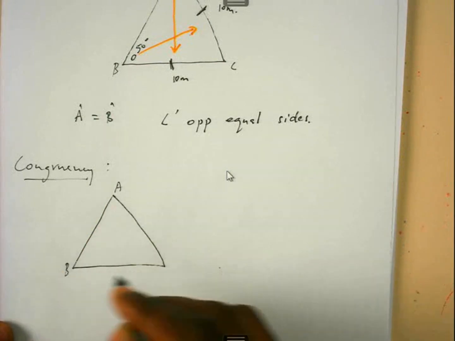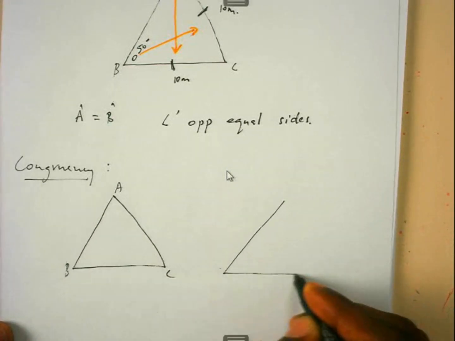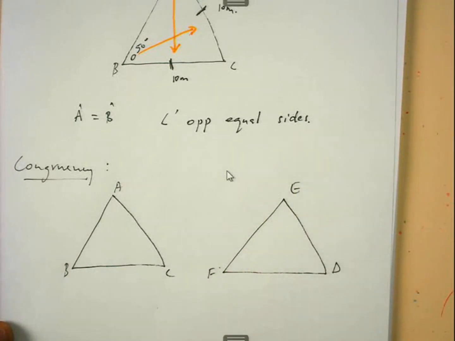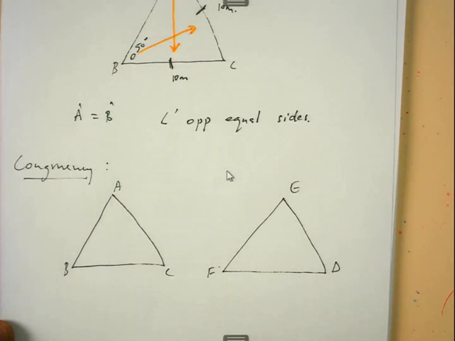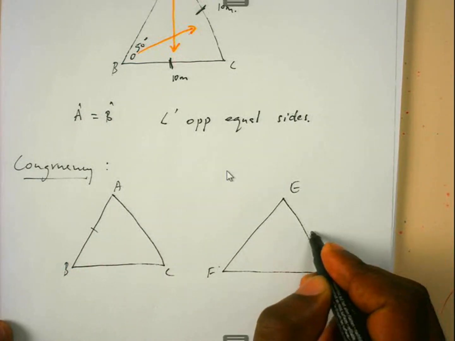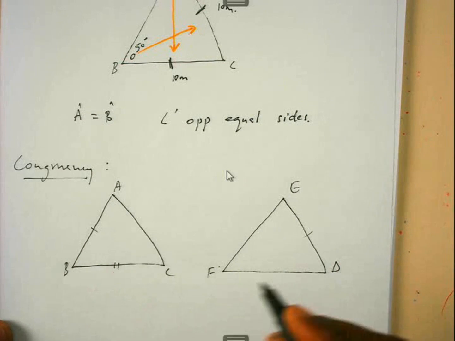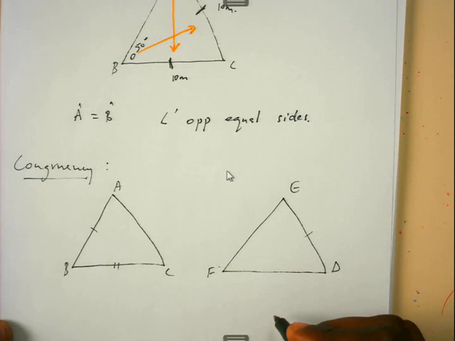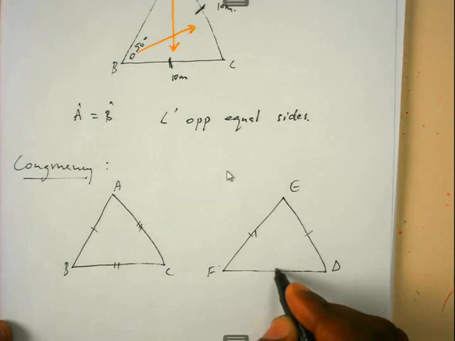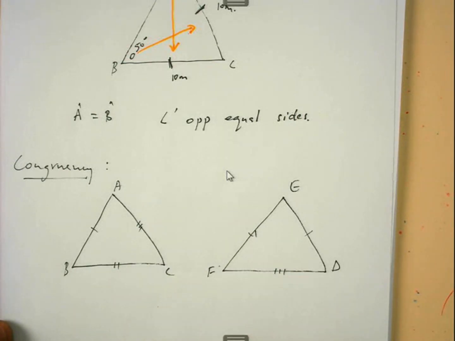Triangle ABC, and another triangle, DEF. In these triangles, if you have side AB equal to side ED, side BC equal to side EF, and side AC equal to side FD, then we can see the two triangles are congruent to each other.